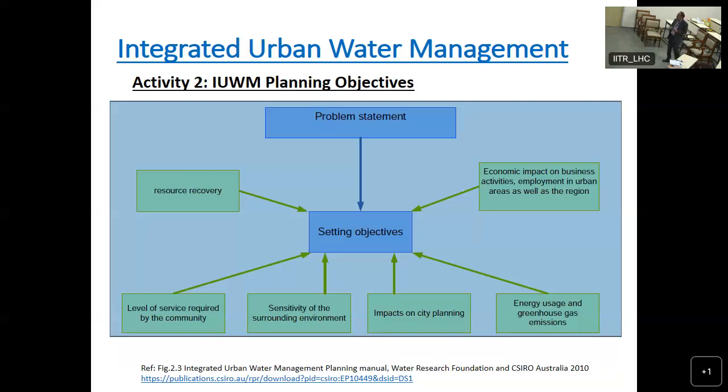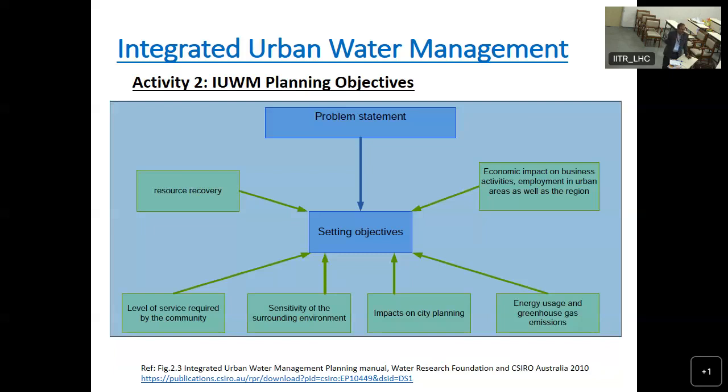So the second part is basically looking at the planning objectives. The objectives should include, for example, resource recovery. Resource recovery is basically from wastewater treatment, where we can recover nitrogen and phosphorus from wastewater.